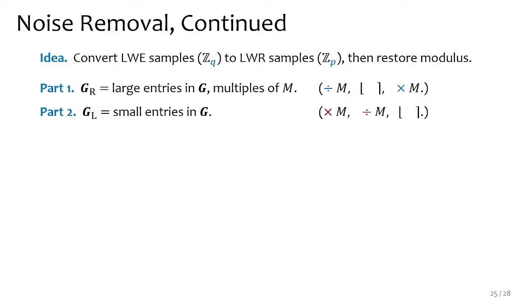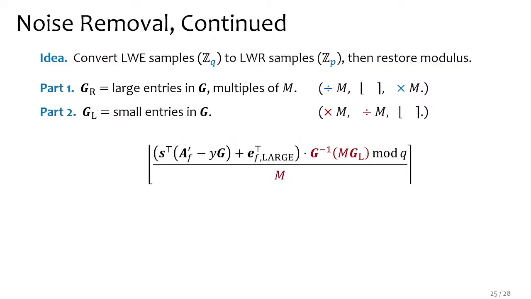First, how can you multiply a large number? That will blow up the noise. Second, what's the point of dividing by m after multiplying by m? That will just cancel out. Actually, that's not the case, because when you multiply a number, you always multiply G inverse of the thing that you want to multiply. Therefore, the way you deal with the small part is to multiply the encoding by G inverse of mgl, then you divide this quantity by m, then you round.